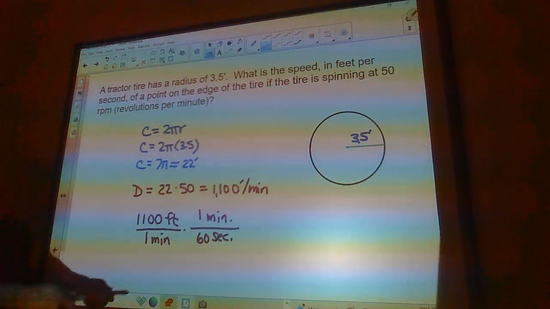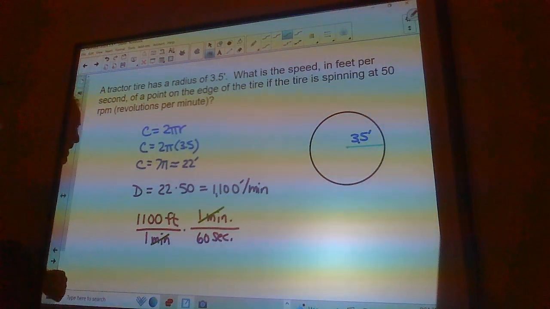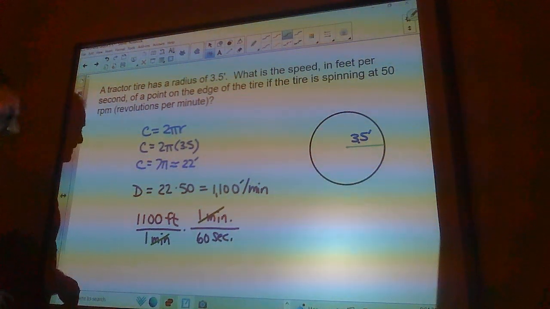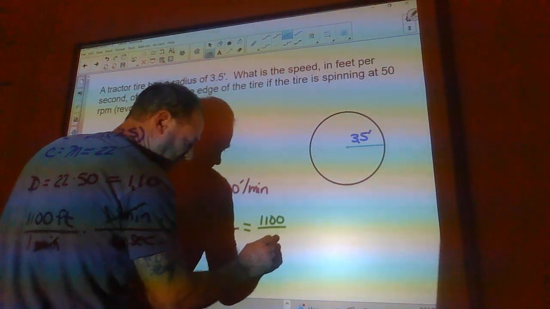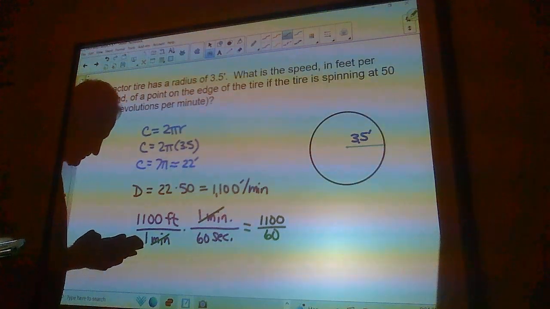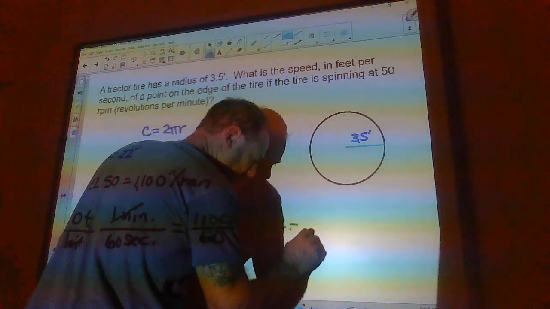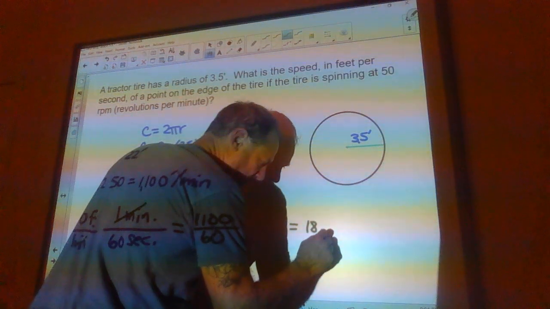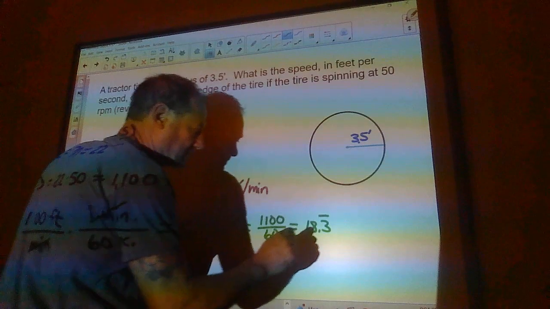So if I do this, the minutes will cancel out of this thing, and I will get feet per second. So this is going to be 1,100 over 60, which is going to come out to 18.3 repeating feet per second.